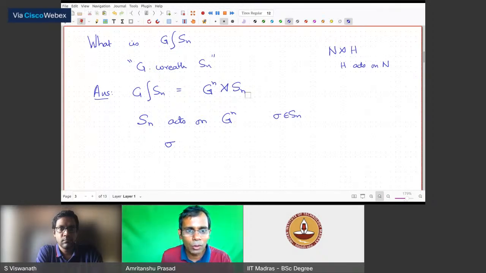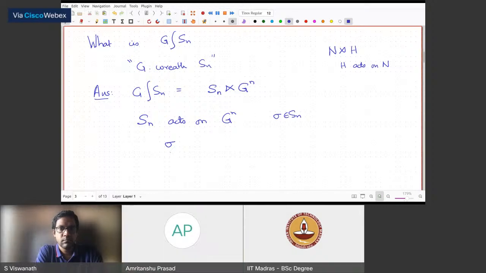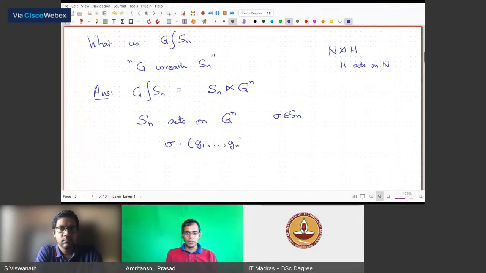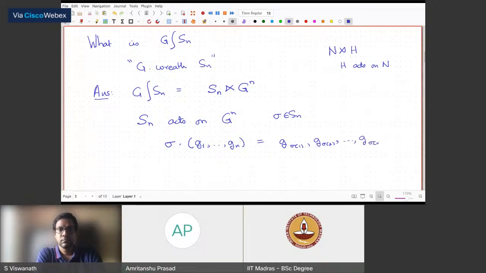You know what? Let me avoid some confusion here and write it like this: Sn semi-direct product G to the power n. So sigma belongs to Sn, acts on an n-tuple in G, G1, G2, Gn by just G sigma 1, G sigma 2, G sigma n.